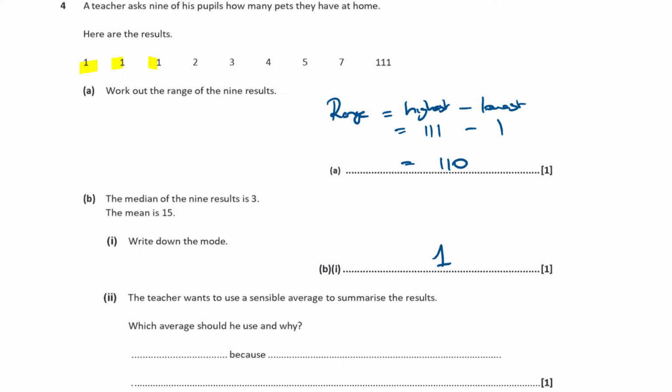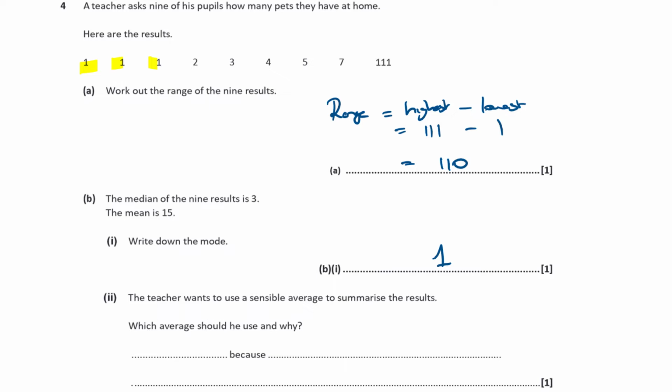Part 2 says the teacher wants to use a sensible average to summarize the results. Which average should he use and why? Well, it's definitely not the mean, is it? If you have a look, the mean is 15. We've got 9 results and 8 of them are nowhere near 15.